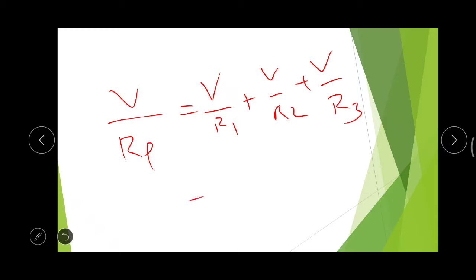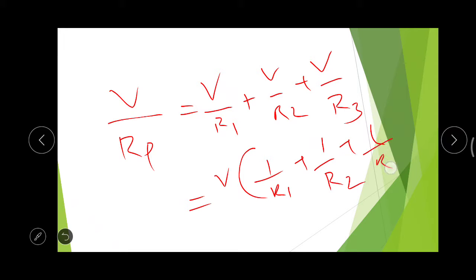So we are taking the V value outside. So V into 1 by R1 plus 1 by R2 plus 1 by R3 is equal to V by Rp, where V will cancel.